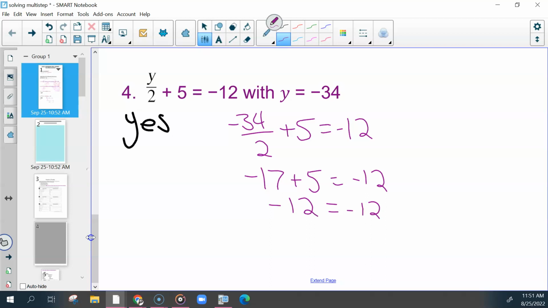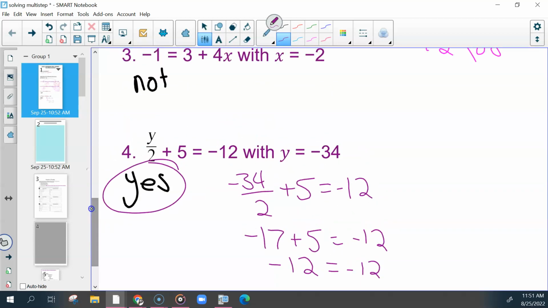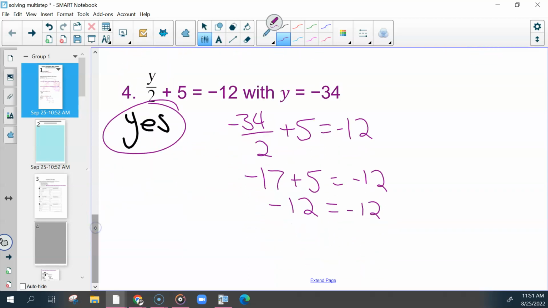Negative 12 equals negative 12, so that would be a true statement, so this would be a solution. Okay. Questions on 3 or 4 before we move on? If at any point I'm going too fast or you miss something, just let me know. I can go back. I can try to slow down.